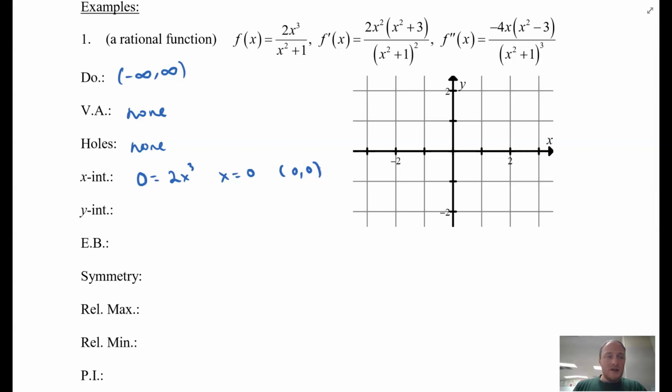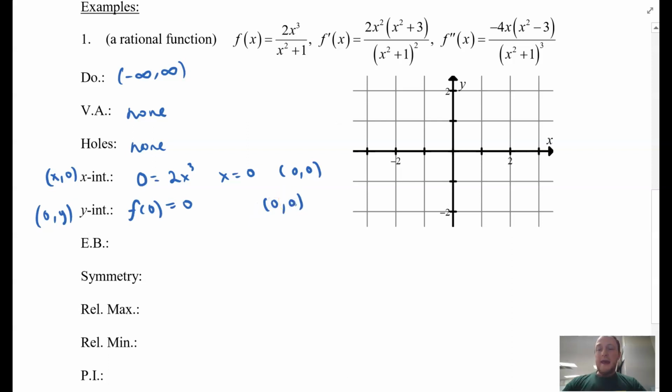That's at the origin. So I know that the y-intercept is going to be (0, 0), but I want to remind you to find your y-intercept, you just plug 0 in, right? (0, y) here. And for this one, it's (x, 0), right? Those are how you find those. Okay, so we get 0 when we plug in 0, and we get (0, 0).